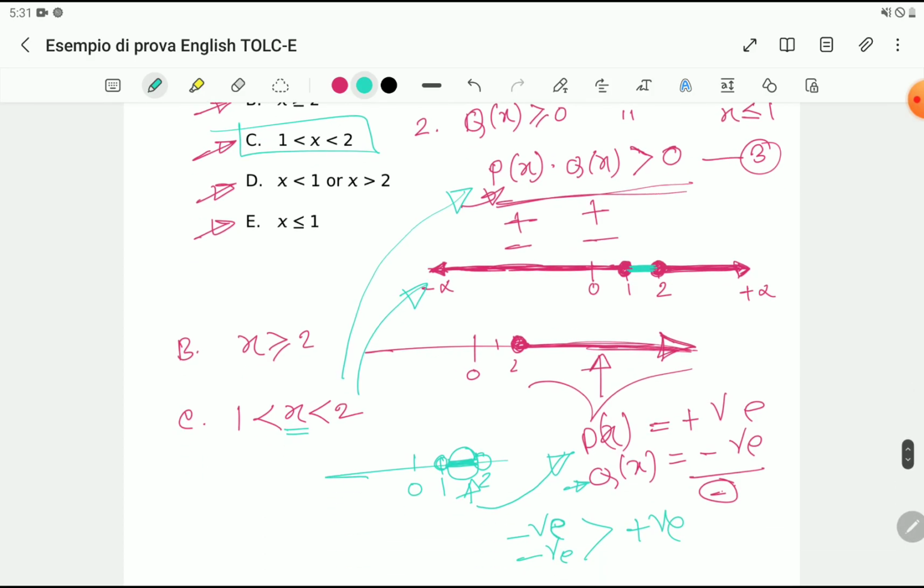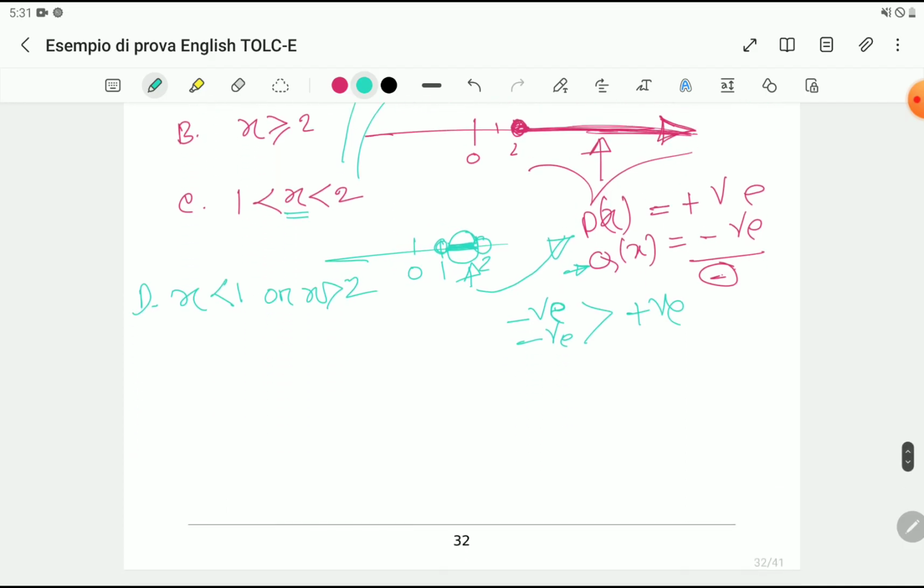But why is the answer not option D, or x greater than 2? Because let's draw 0, 1, 2. In this case, x value less than 1.